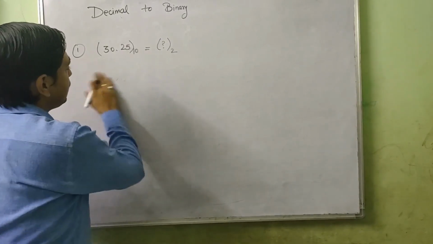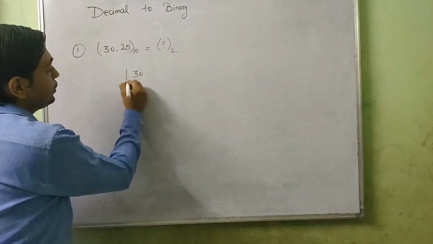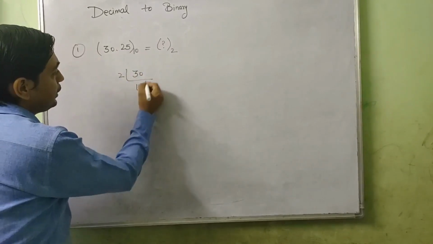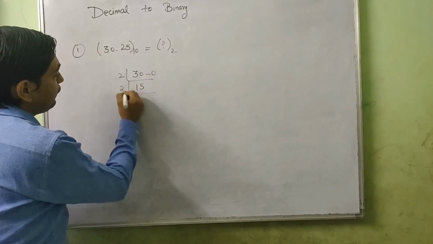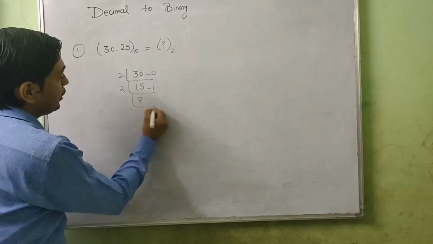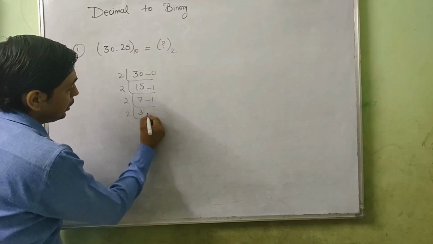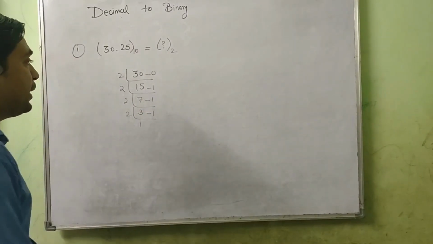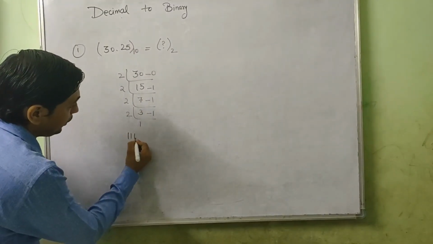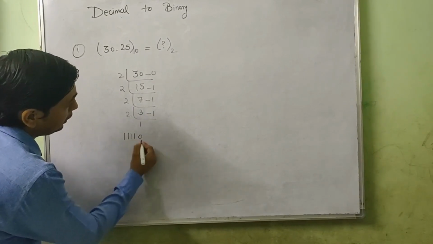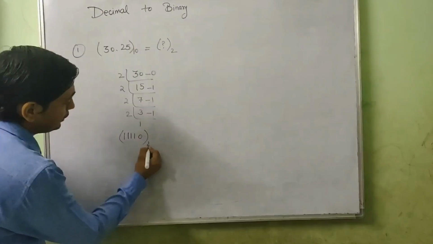How to convert 30? You will divide 30 by 2. 2 15s are 30, remainder 0. 2 7s are 14, 1. 2 3s are 6, again 1. And 2 1s are 2, again 1. So the binary of 30 you will get is 1 1 1 1, four times 1, and then 0. This is the binary of 30.